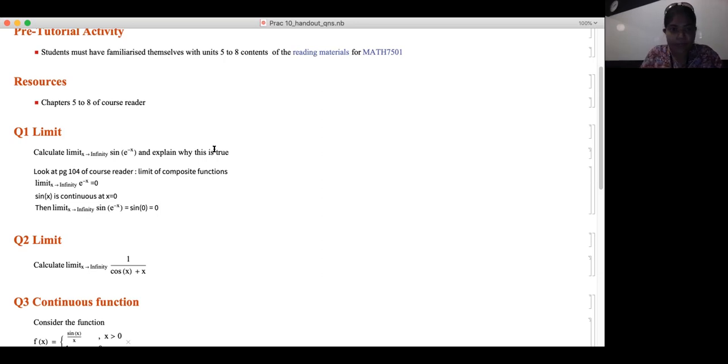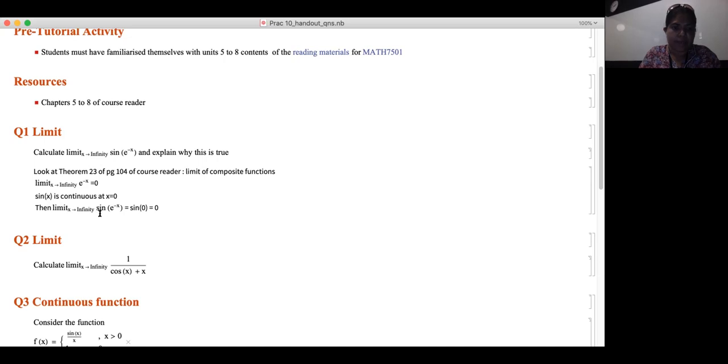So it's not definition, it's theorem. Look at theorem 2.3, maybe, but check it. Okay, page 104.